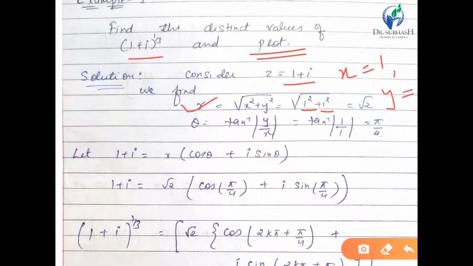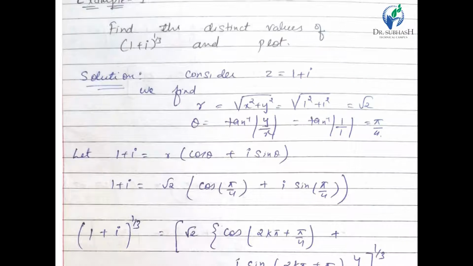So we substitute these values and get r equal to root 2. Now we find theta. The formula is tan inverse y by x. Since x and y are both positive, it will be in the first quadrant. So we get tan inverse 1 by 1, that is tan inverse 1, that is pi by 4.